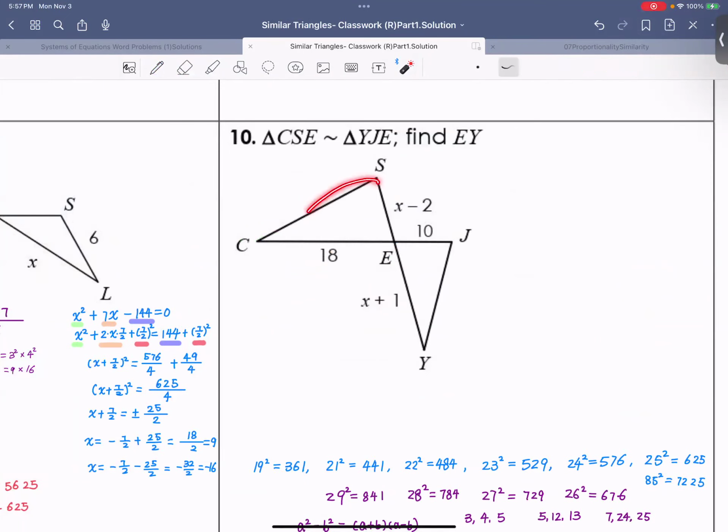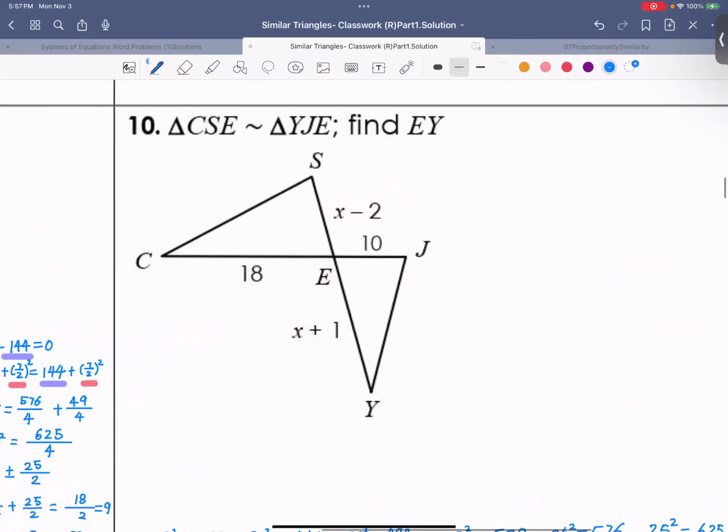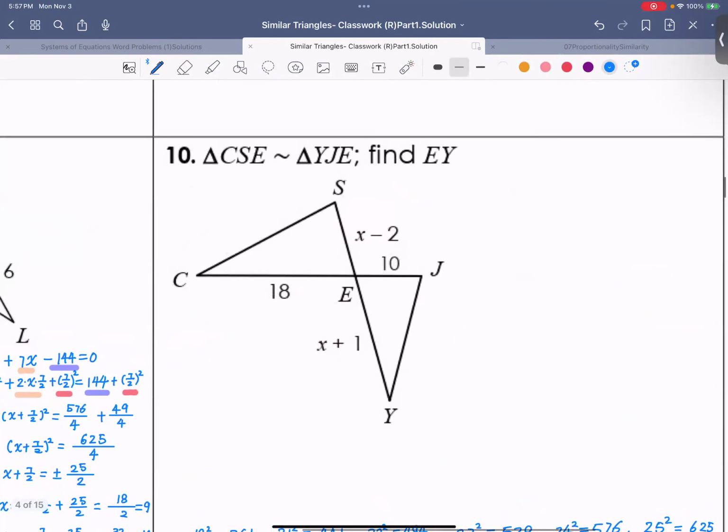So Angela, let's try to solve this one. Go. CE over YE equals SE over JE. Okay.